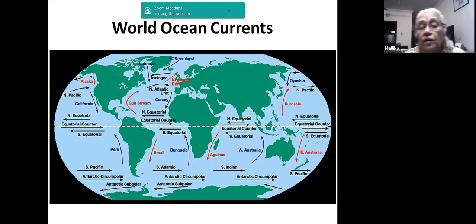Just like we have warmer air going towards the polar region, similarly the ocean currents also do a very big job in balancing out the heat so that the hot regions don't become too hot and the cold regions don't become too cold, right?